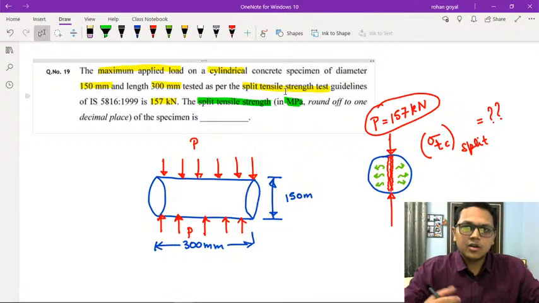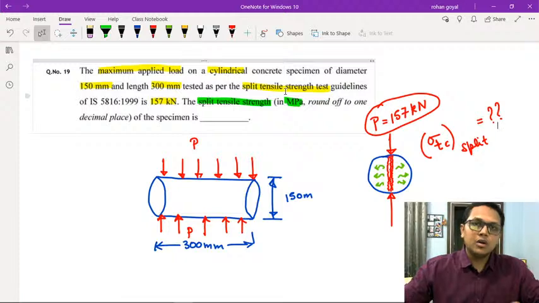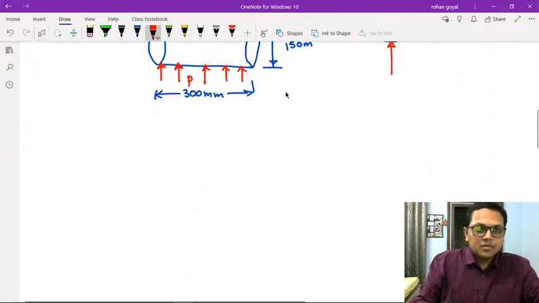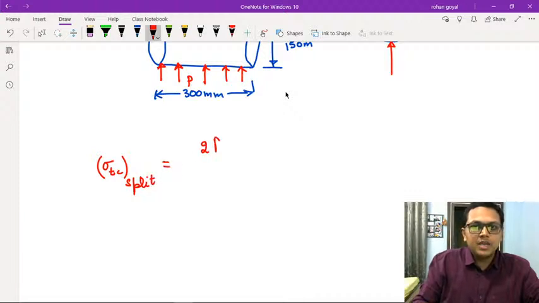Theory of elasticity के according split tensile strength के लिए फॉर्मूला जो यूज किया जाता है, वो होता है sigma Tc, the tensile strength of concrete subjected to the split tensile strength test, is equal to 2P, P max or the P at the failure point, divided by pi D L, where D is the diameter of the specimen and L is the length of the specimen.